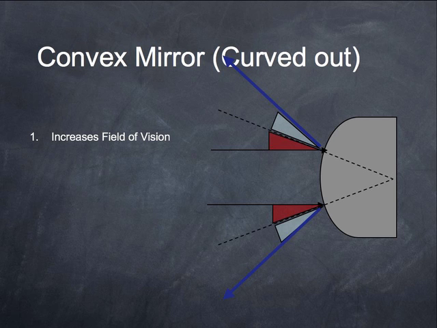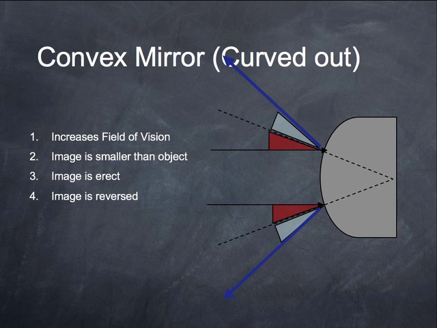They give you a wider field of vision, but usually the image that you see is smaller than the object actually is. And the image is erect or upright. Okay? And it's reversed from side to side as well. A door security mirror, a rear view mirror in a car, those are examples of convex mirrors.